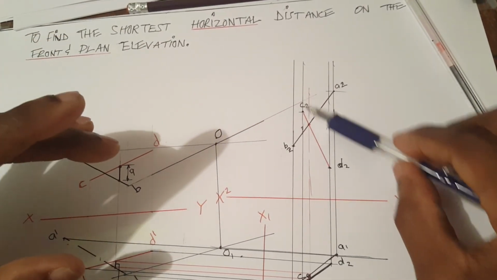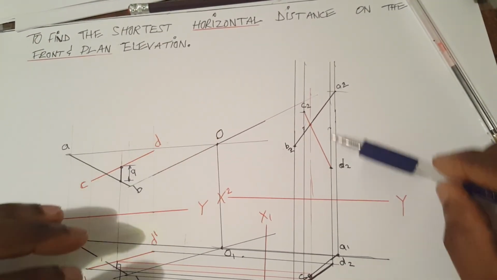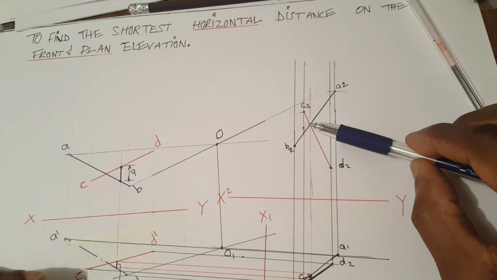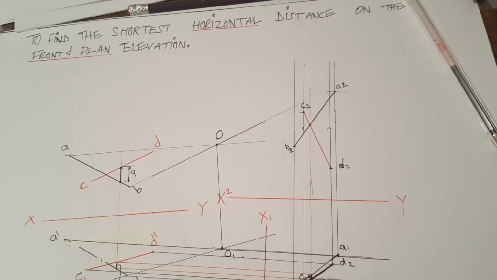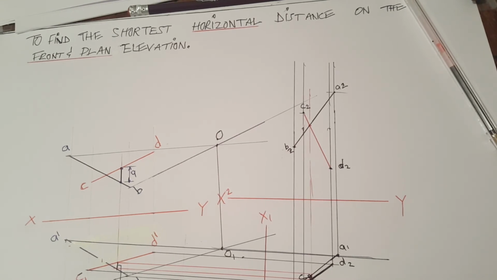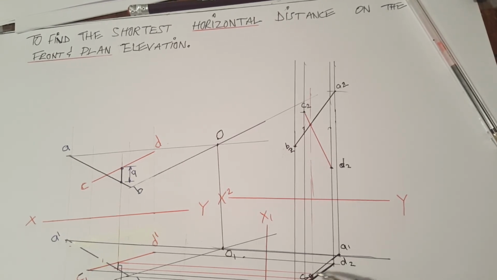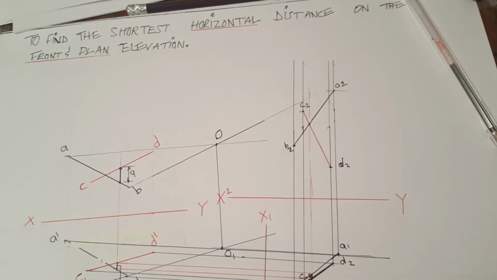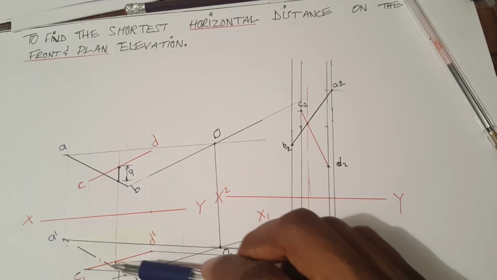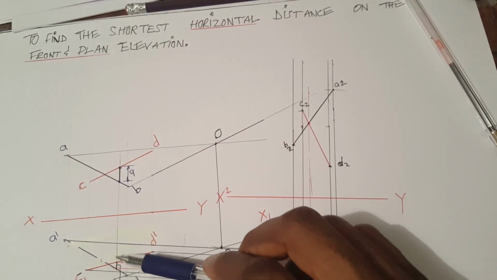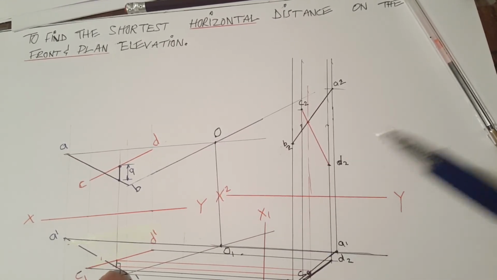It should create an X. At the point where both lines cross, we produce that line down to the parallel lines. And that distance is our shortest horizontal distance on that view. We then produce those lines across to the plan, and that distance now is the shortest horizontal distance on the plan.